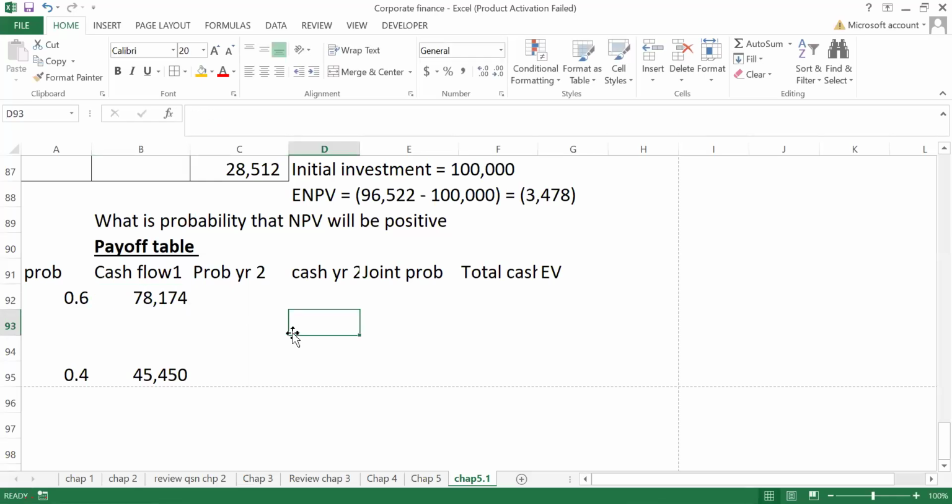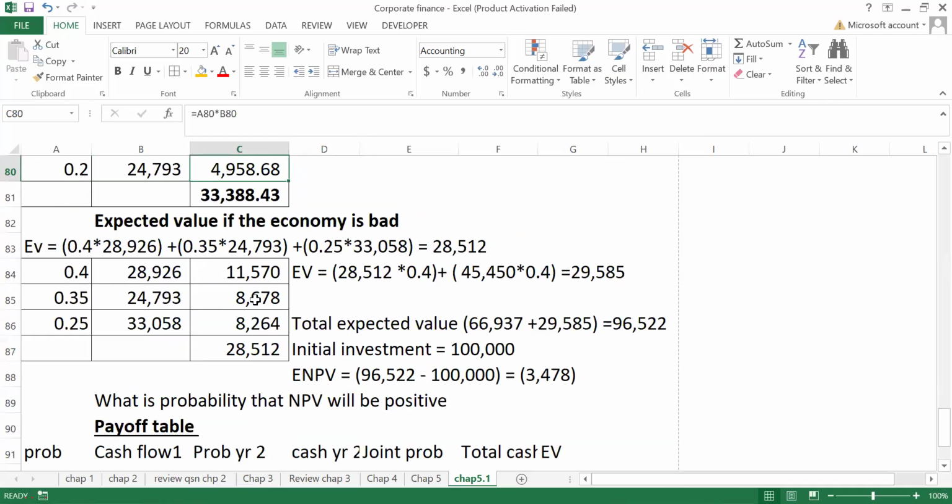Now, what will be the cash flows in year 2 if this is the probability? I think I can copy these ones.